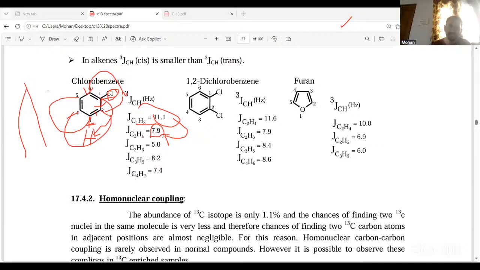And then for C2H6, you can see the value is very low, because there is no electronegative atom attached on either of the two carbons. So like that, you can see the impact of electronegative atoms on the J values.